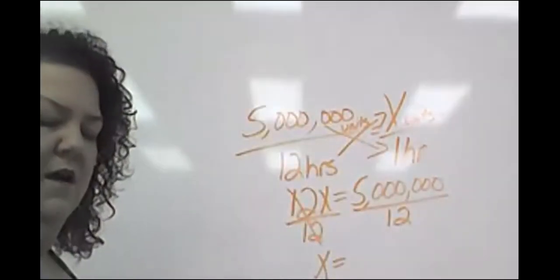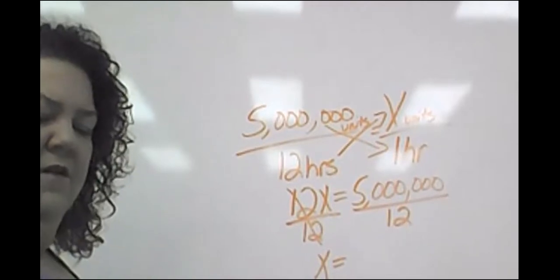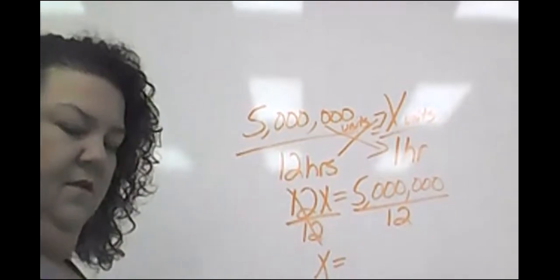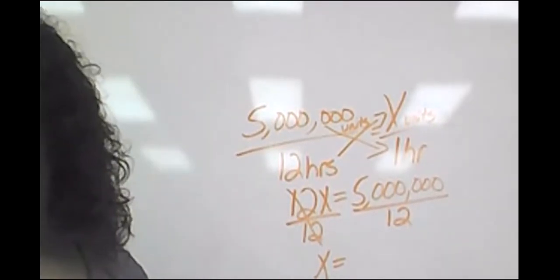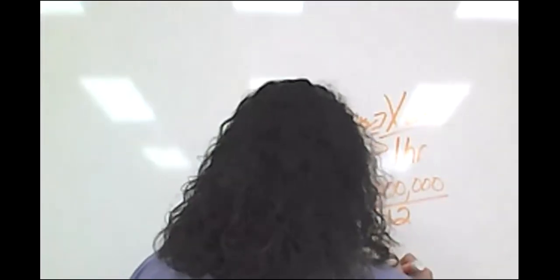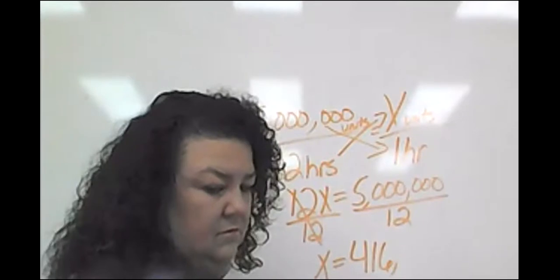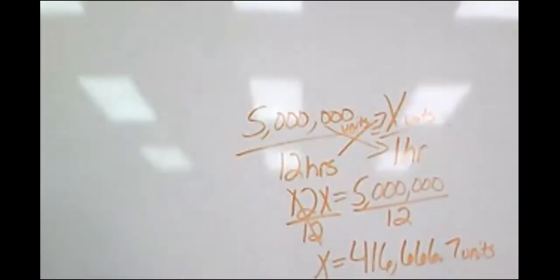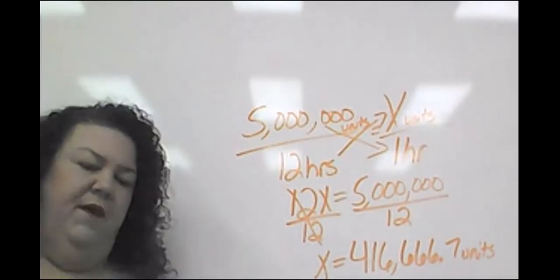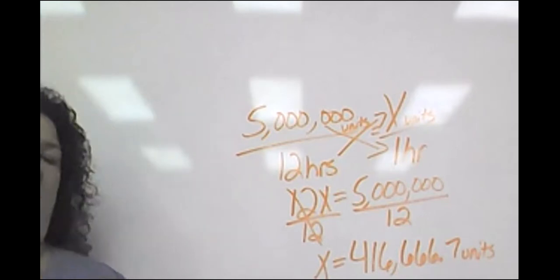And 5 million divided by 12 comes to 416,666.7 units.